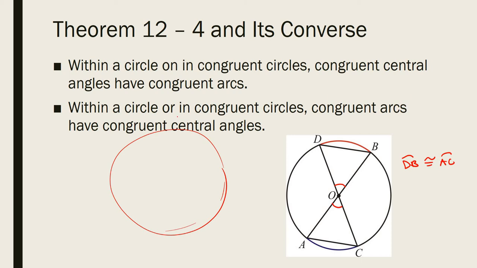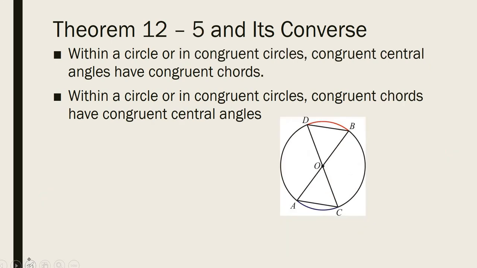And the converse, within a circle or in congruent circles, congruent arcs have congruent angles. So if I told you that in this circle, if I call this FG, if I say that arc FG is congruent to arc DB, then I know that this angle is also congruent to these angles. Okay?